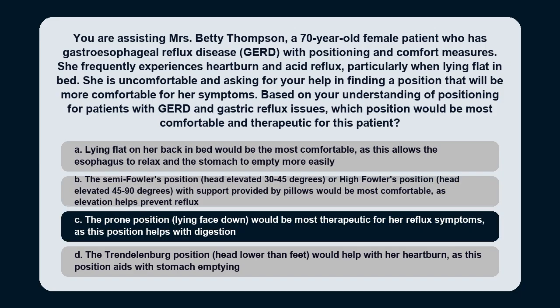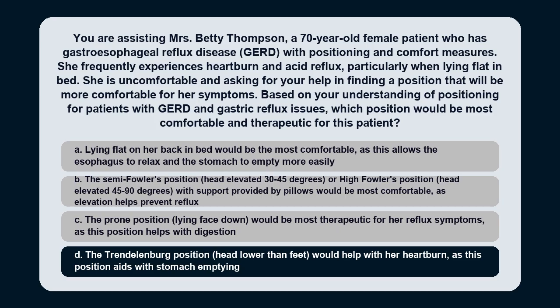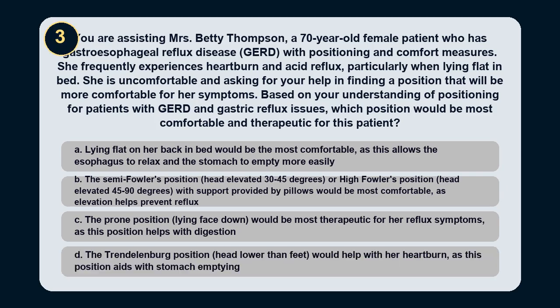Option C, the prone position, lying face down, would be most therapeutic for her reflux symptoms, as this position helps with digestion. Option D, the Trendelenburg position, head lower than feet, would help with her heartburn, as this position aids with stomach emptying.